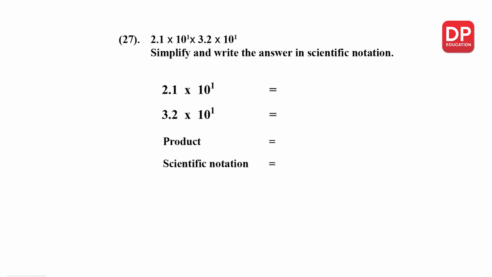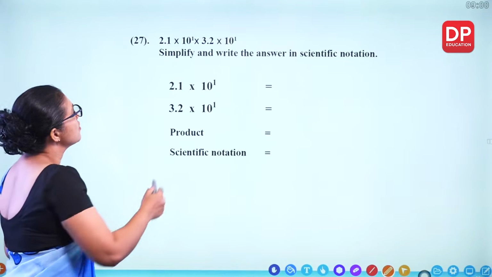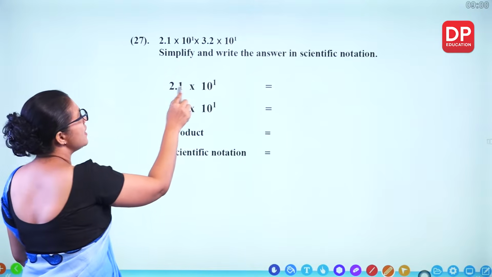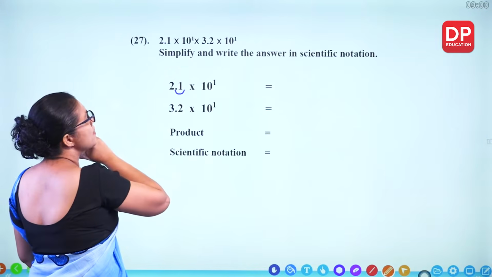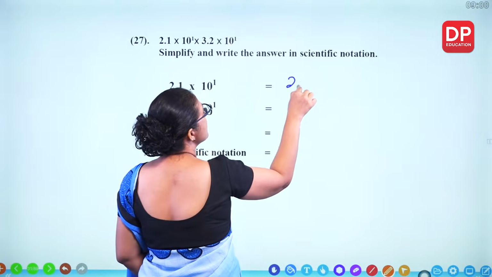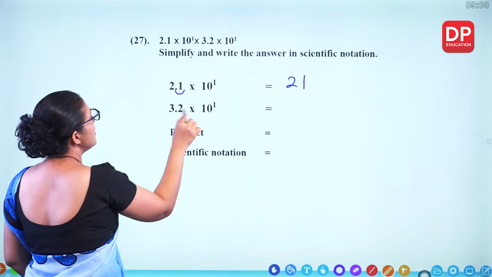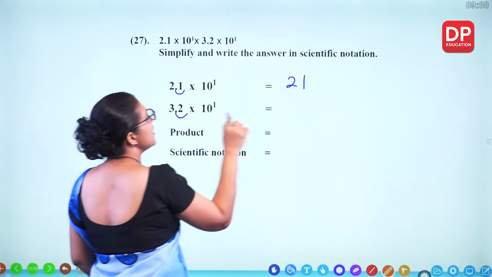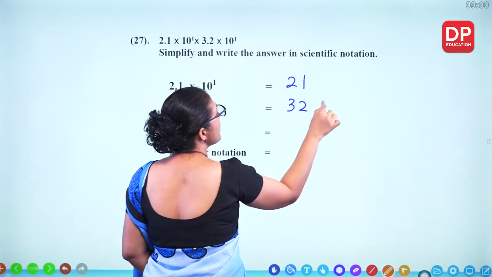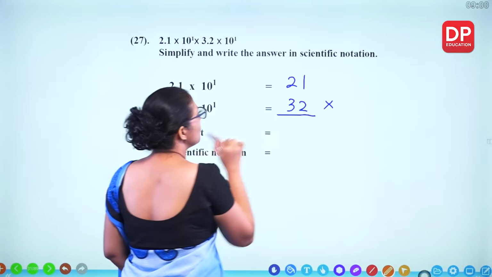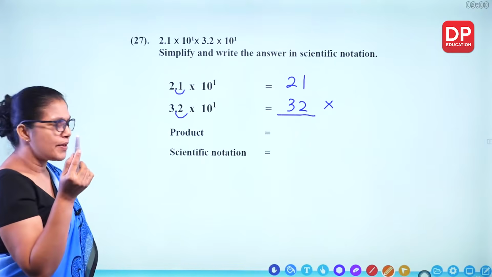This one, the product. Simplify and write the answer in scientific notation. First multiply by 10, that means move the decimal place 1 place to the right: 21. Here, again multiply by 10, which gives 32. Now you have to multiply these two and get the product.